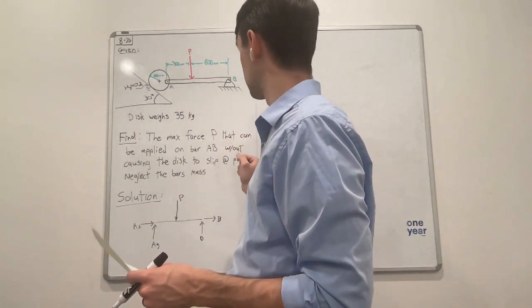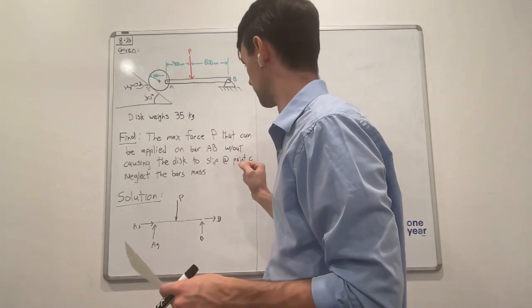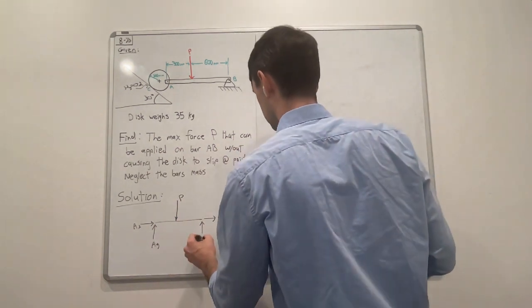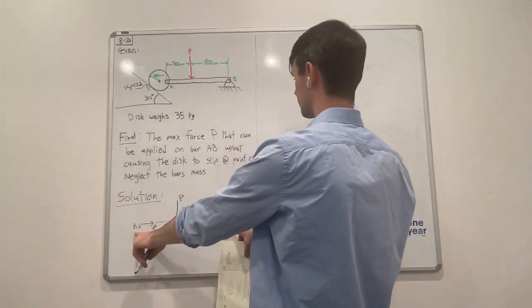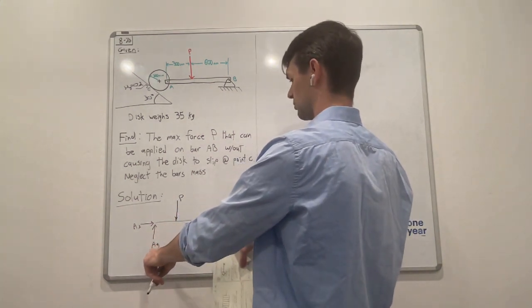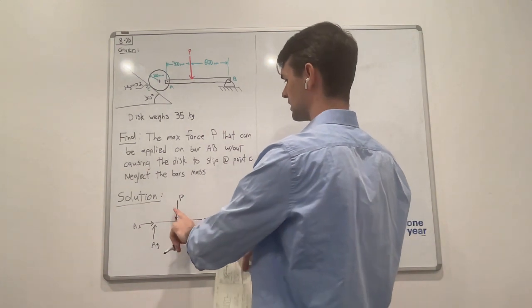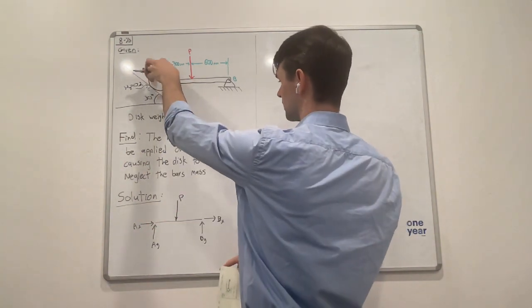Obviously, just by looking at it, we can say AX is equal to BX. That's not very interesting. But what we really want is to figure out how does P get into the system of equations on the disk.